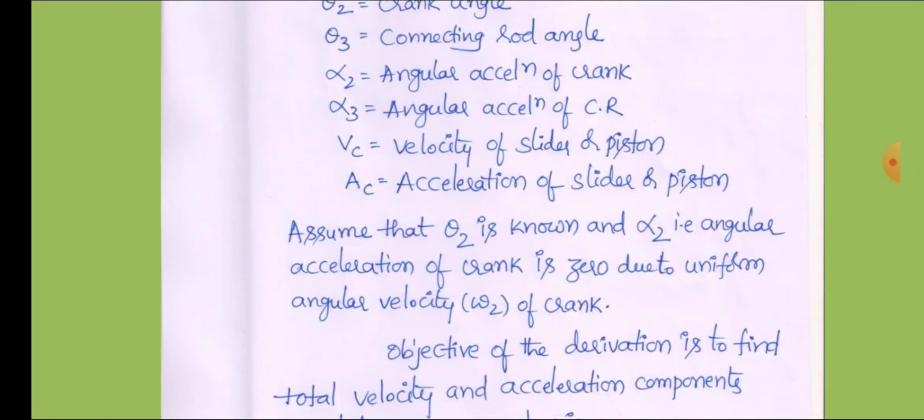And alpha 2, the angular acceleration of the crank, is 0, because we assume that the crank is rotating at uniform or constant speed. Therefore, when the speed is constant, the rate of change of angular velocity, alpha 2, becomes 0. Hence, the angular acceleration of the crank, alpha 2, is 0 because of the uniform angular velocity of the crank.